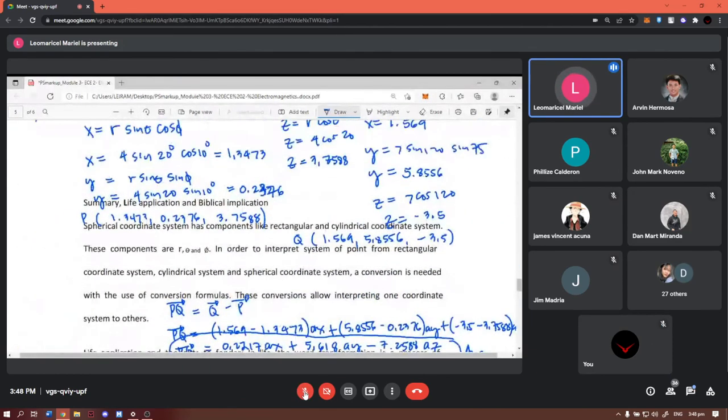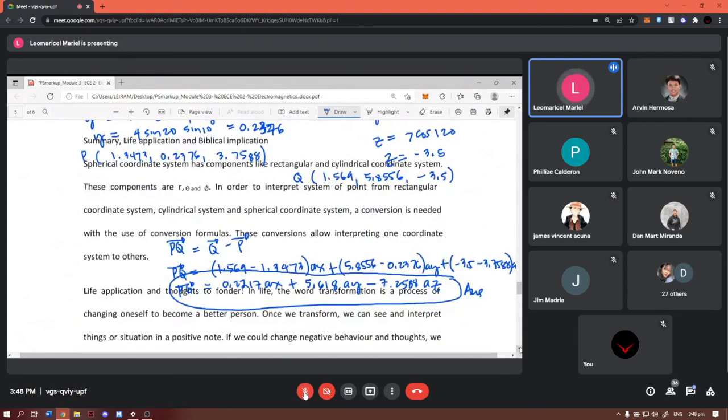So to summarize lang, spherical coordinate system has a rectangular component, like rectangular and cylindrical coordinate system. These components include R, theta, phi. In order to interpret a system of points from rectangular coordinate system, cylindrical coordinate system, and spherical coordinate system, a conversion is needed with the use of conversion formula.